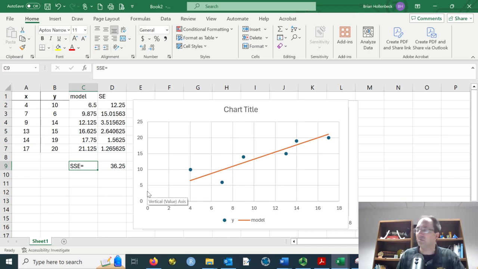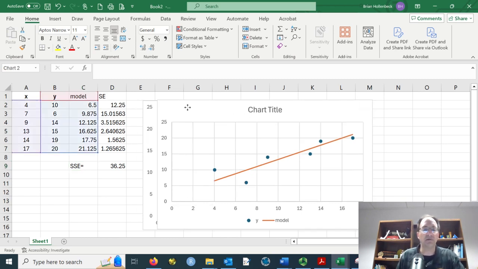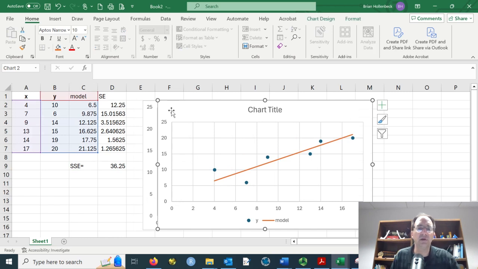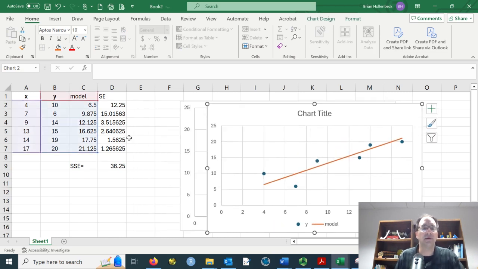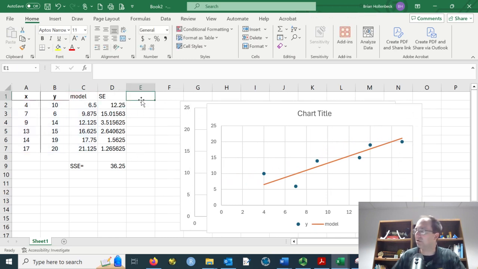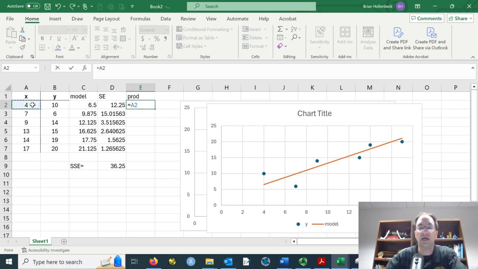All right, so how do we find the best model? So remember we had a formula for the values for m and b. And as you may recall from that formula, we needed to know the product of the xi's and yi's and the xi's squared. So I'm going to write product here. And I'm going to do xi times yi.